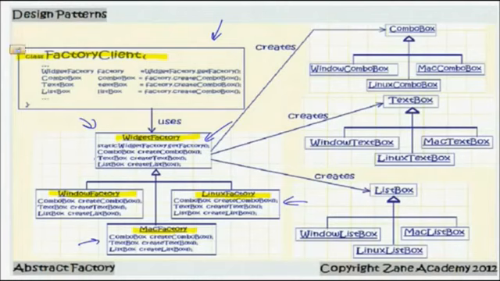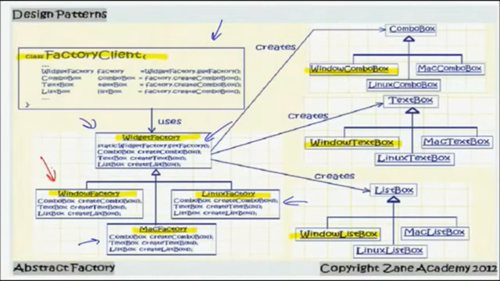And also we have several families of products. We have the window combo box, window text box, and the window list box that are going to end up being created by the window factory.